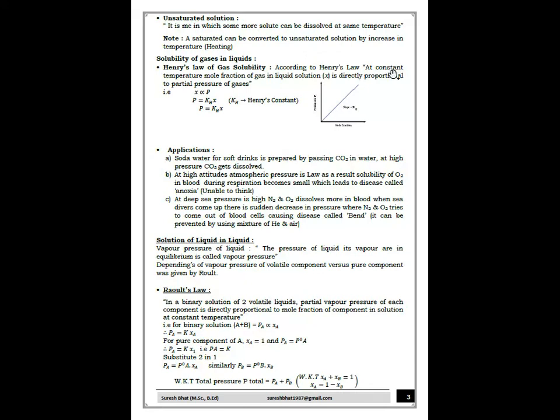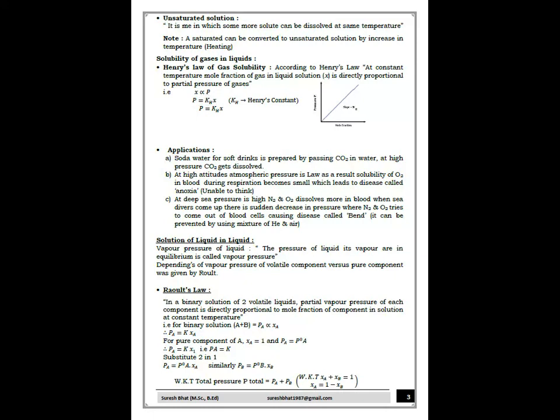Henry's law states that at constant temperature, mole fraction of gas in liquid solution is directly proportional to partial pressure of gases. Say for example, the mole fraction of gas in liquid solution is given by chi. It is directly proportional to the partial pressure of gases.